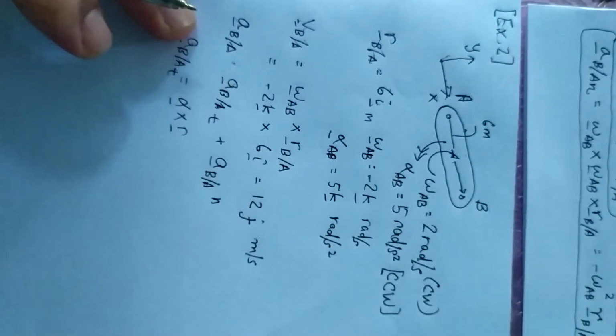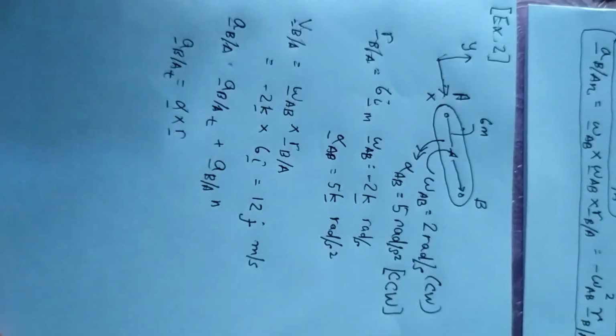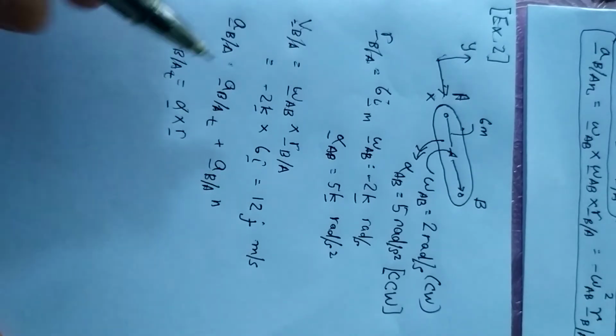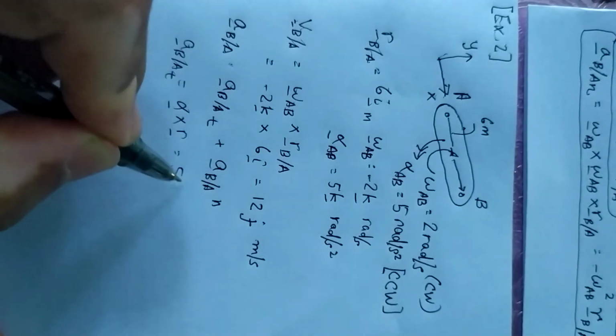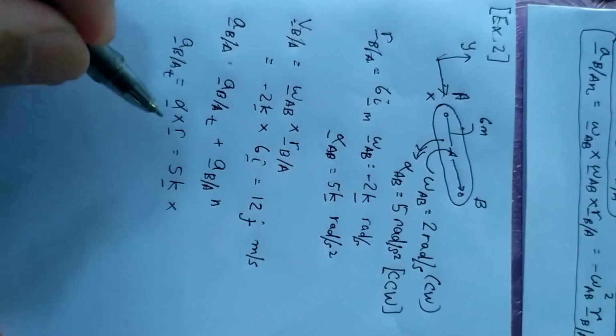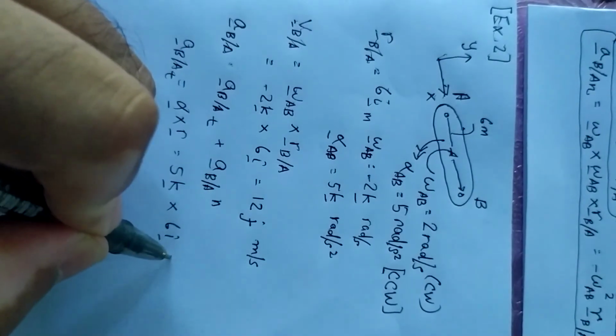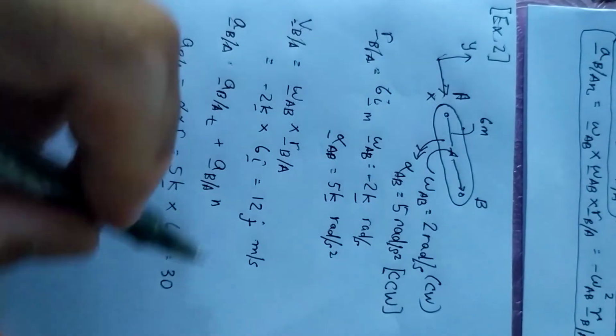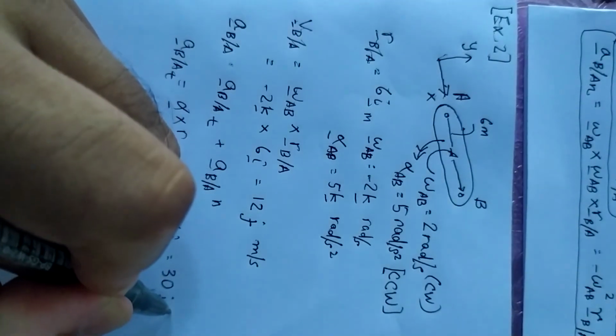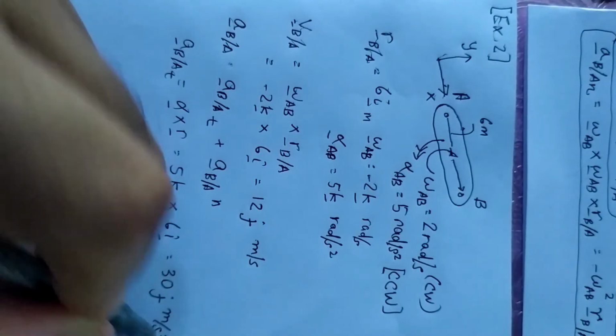We know what alpha is, it's 5k. So 5k cross the position vector 6i, and therefore the answer is 30j. Unit is meter per second square.